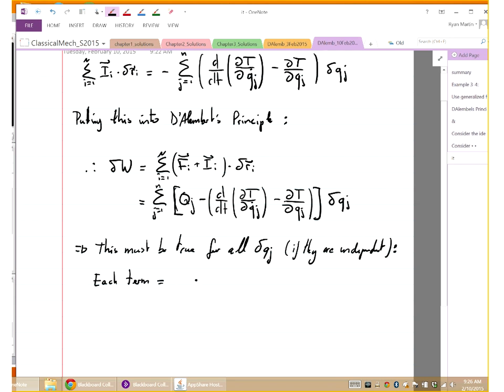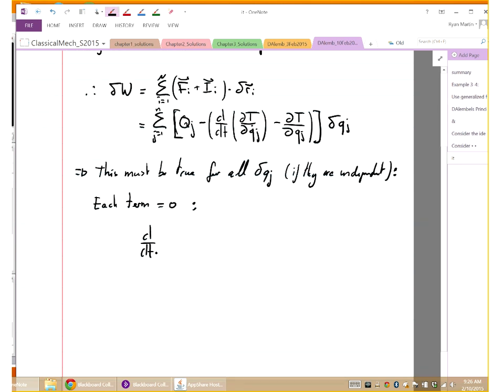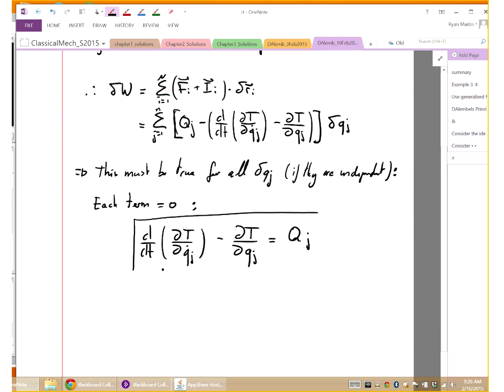So if I write each term equal to 0, I can write this as d by dt of ∂T by ∂qj dot minus ∂T by ∂qj equals Qj. And that's the useful form of D'Alembert's principle.